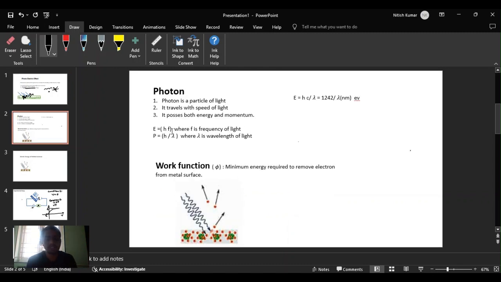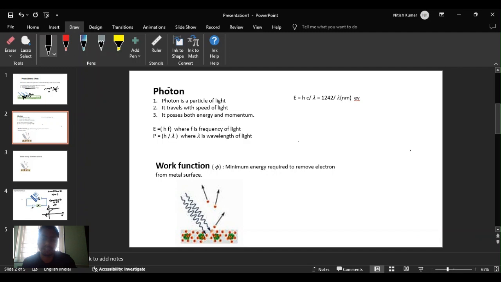So let's first see how much energy a photon has and how much momentum it has. And another thing is the work function, the basic requirement to eject an electron. A photon is like a particle of light.